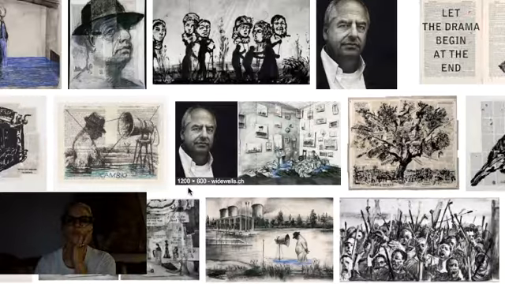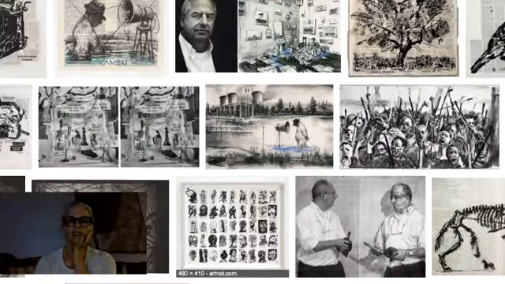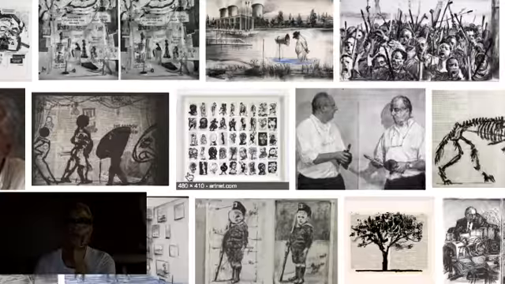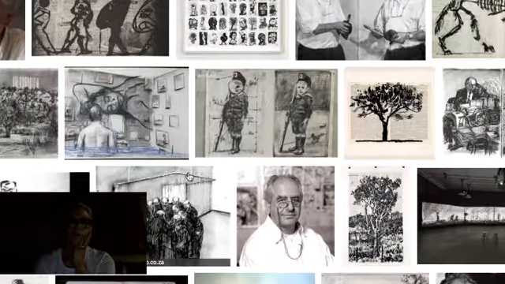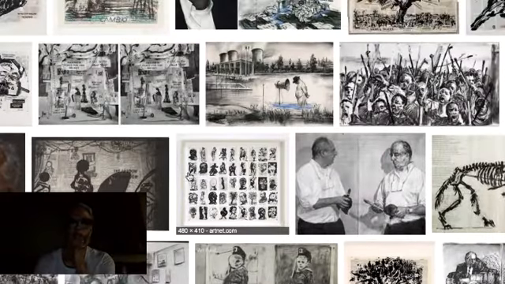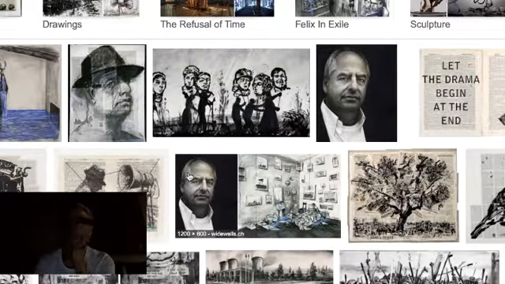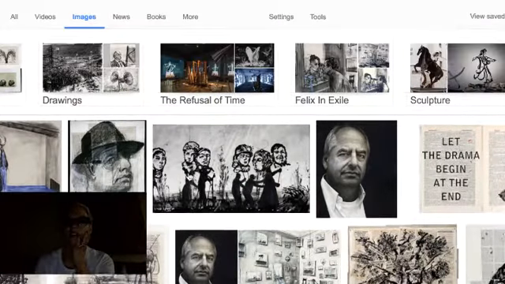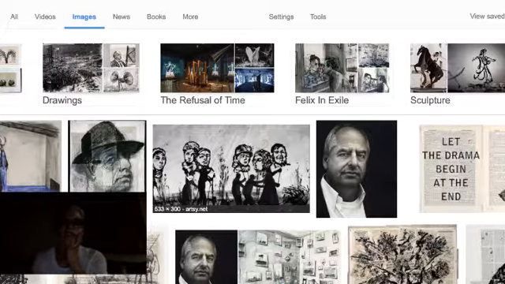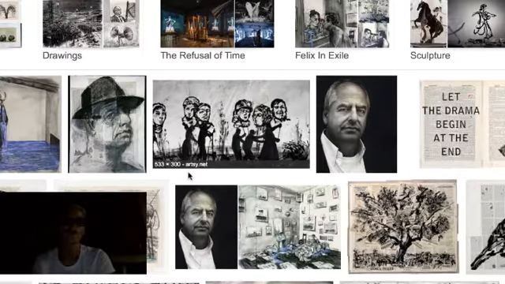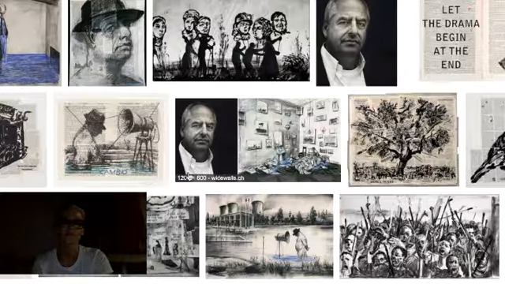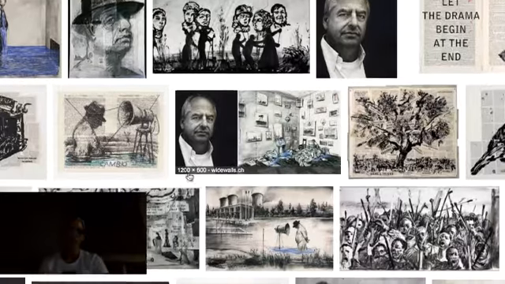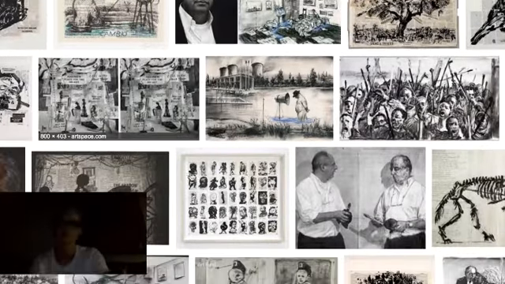He was doing a lot of social commentary works that had to do with the politics and the violence in South Africa, and he was very sensitive to the victims there.